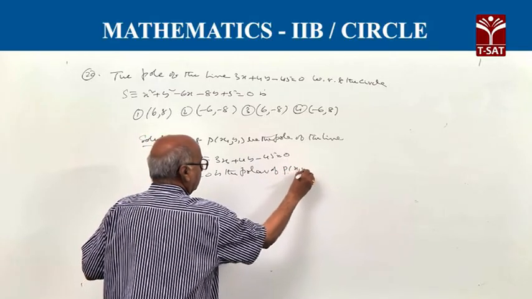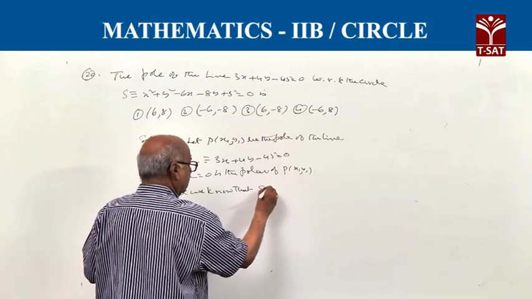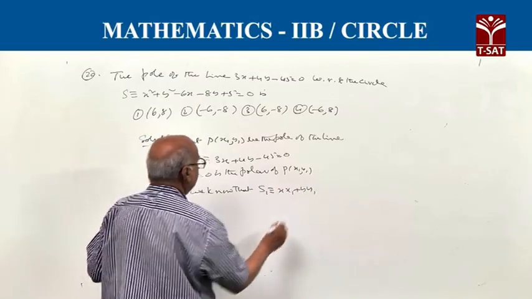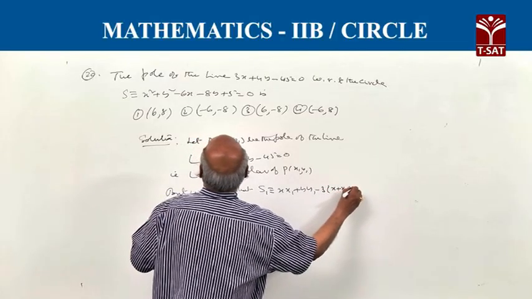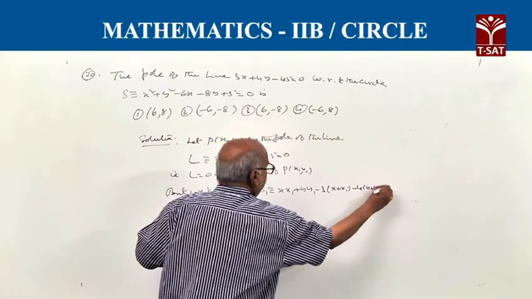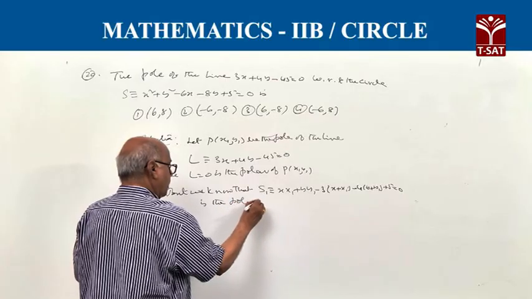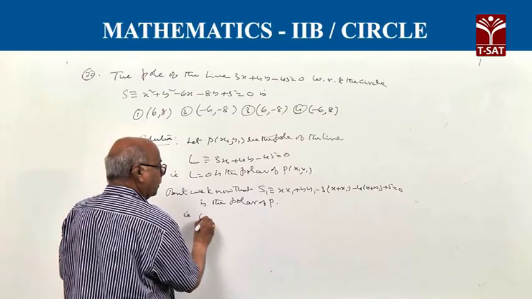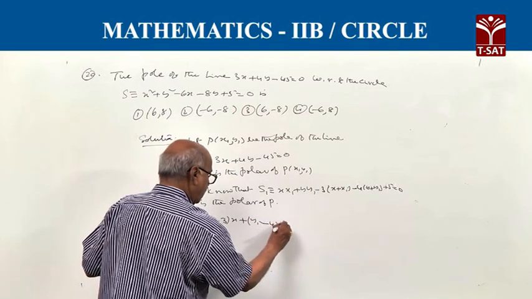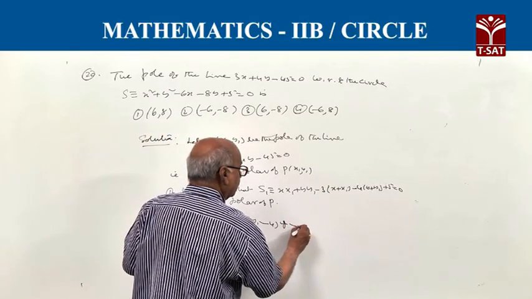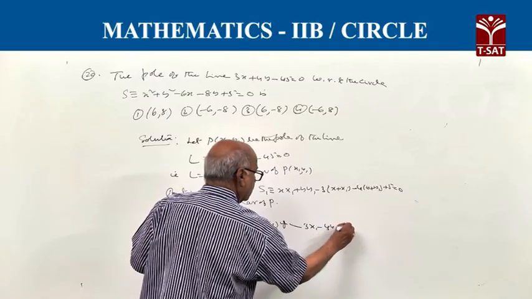of P(x1, y1), but we know that S1 is equal to xx1 plus yy1 minus 3 into (x plus x1) minus 4 into (y plus y1) plus 5 equal to 0 is the polar of P, that is (x1 minus 3) into x plus (y1 minus 4) into y minus 3x1 minus 4y1 plus 5 is equal to 0.